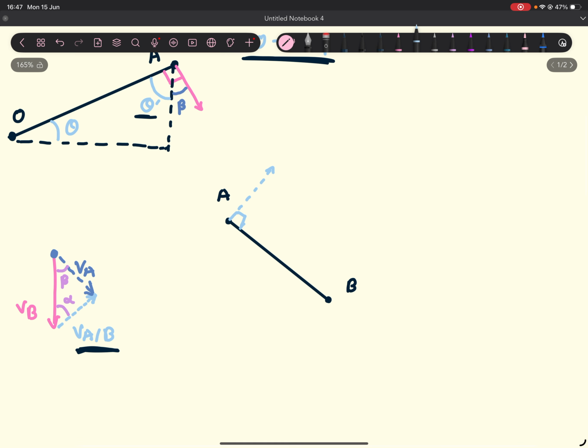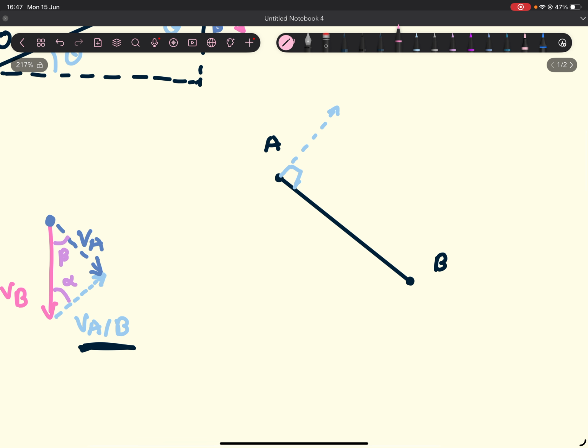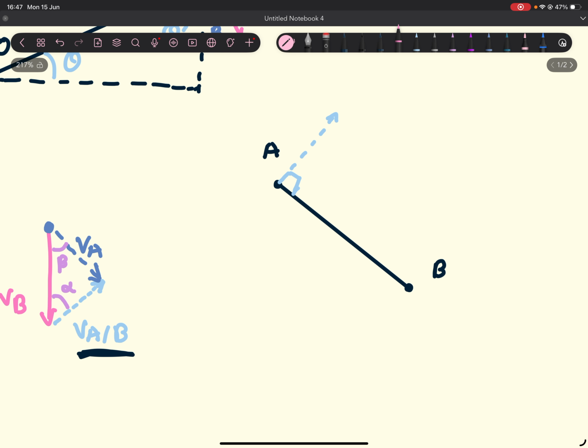Right, and I want the angle. Remember, it's making alpha as an angle between the vector VA relative to B and a vertical line. So I'm going to draw in a vertical line over here, and I know that whatever angle is over here is going to be alpha. Cool.